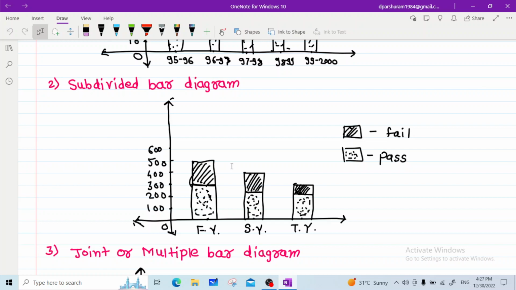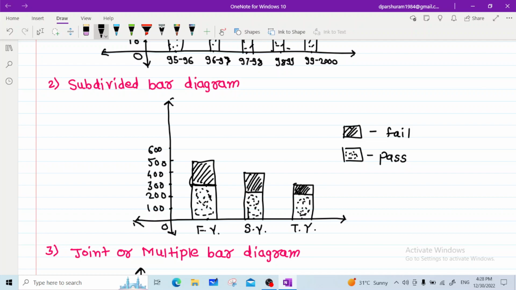For FY, pass students are 300 and fail students are 200, that is total 500 students for first year. So here this is for FY. Here pass students are 300, so we draw first 300 and then 200.